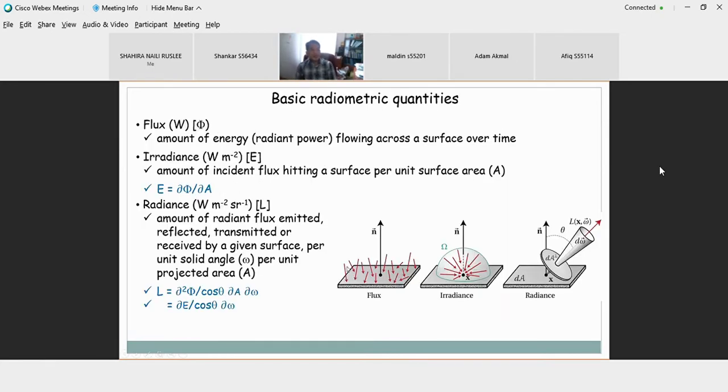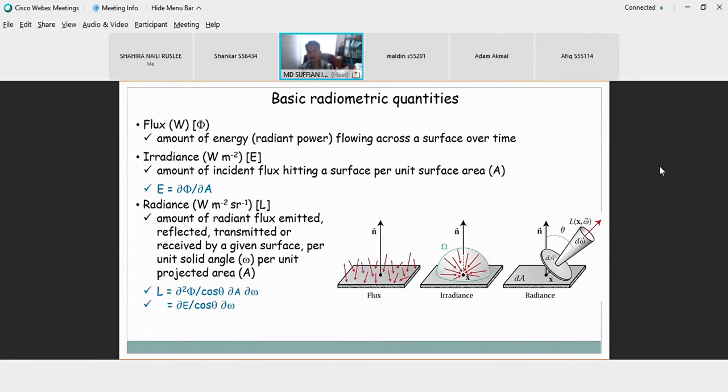Okay, so this one the basic radiometric quantities. Yang ni saya ingat you belajar tingkatan 4, tingkatan 5 kot fizik. Ada tak belajar? Flux, ataupun dia radiant power, amount of energy dalam watts, unit watts.